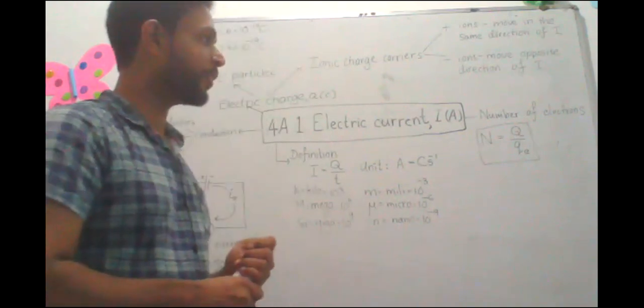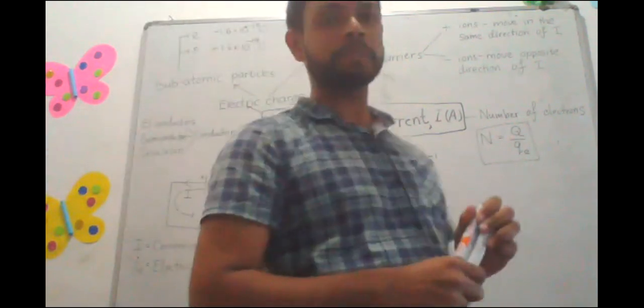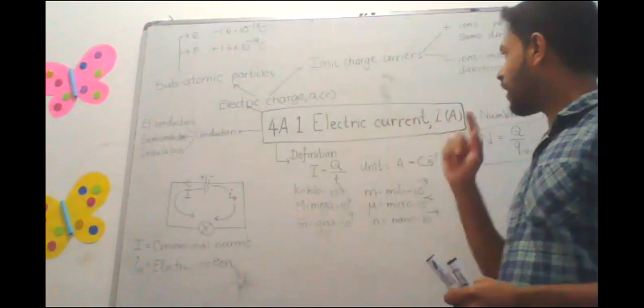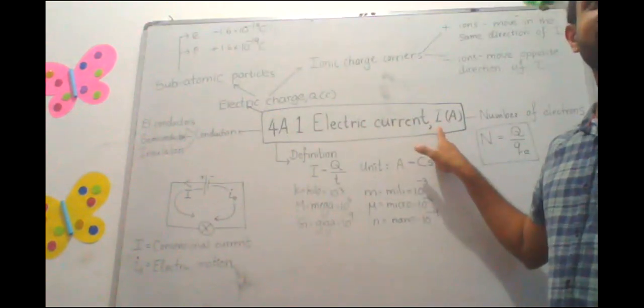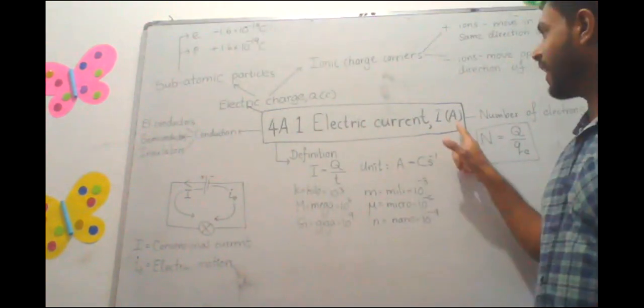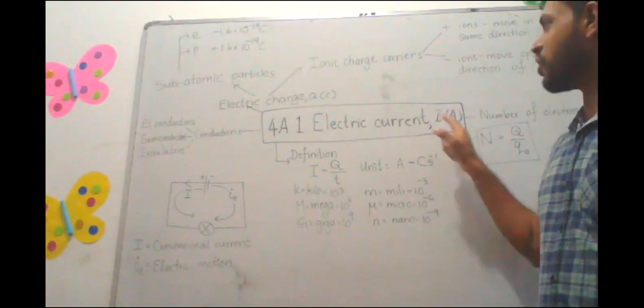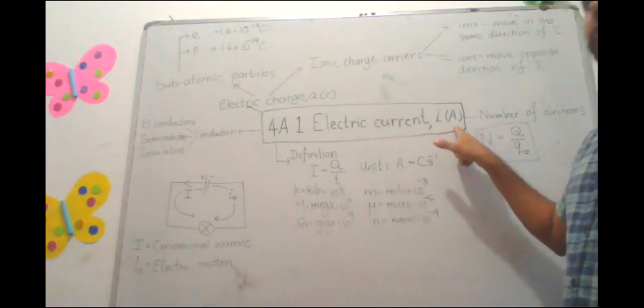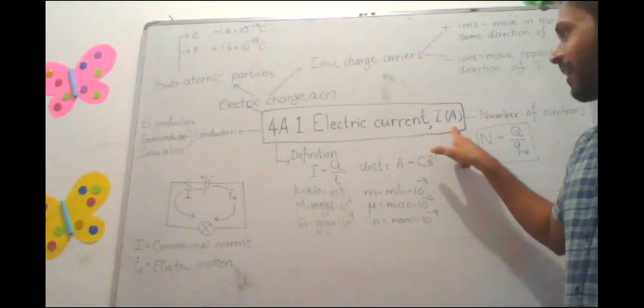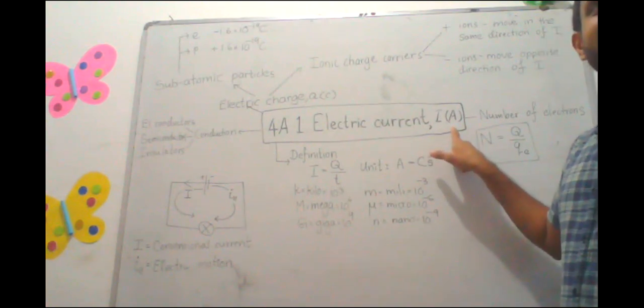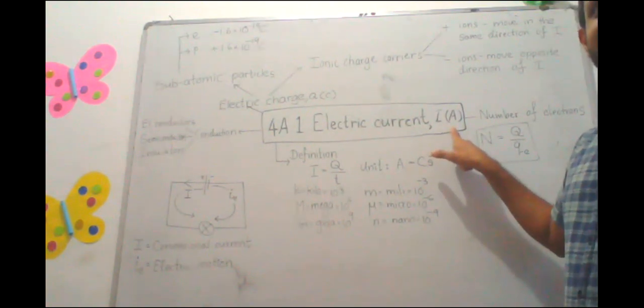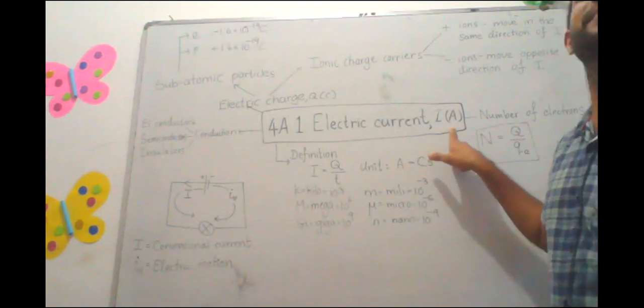Right? So last time we went through electric current. Here the symbol is I, and the unit in which electric current is measured is the ampere. I hope you remember the ampere is a base unit. It is a base unit, right?